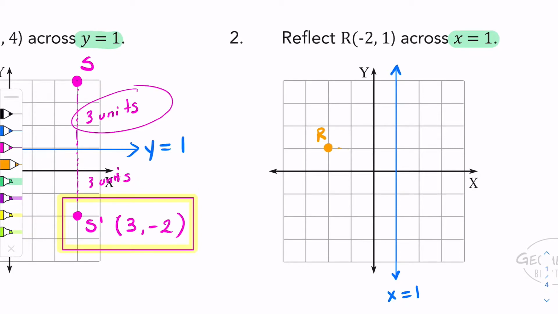If point R is 3 units on the left side of x equals 1, we are going to reflect this 3 units to the right side, and we're going to plot point R prime, which is located at 4, 1. And this here would be your final answer.